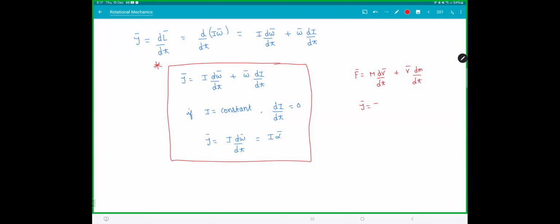So torque is equal to I alpha, which we are writing, is valid only for constant I. Clear?